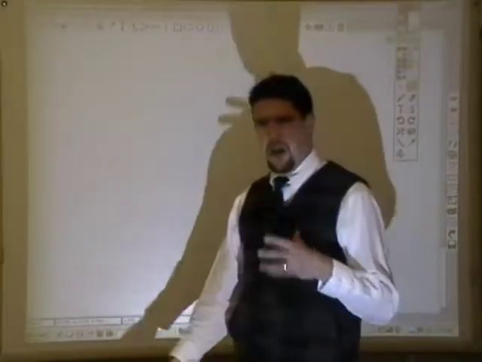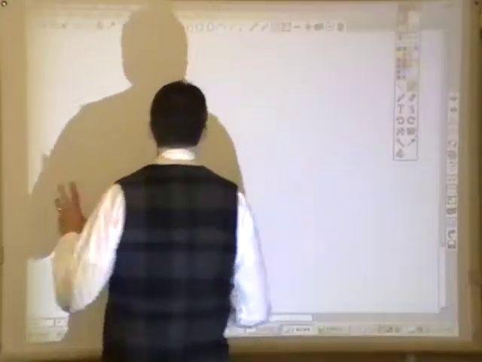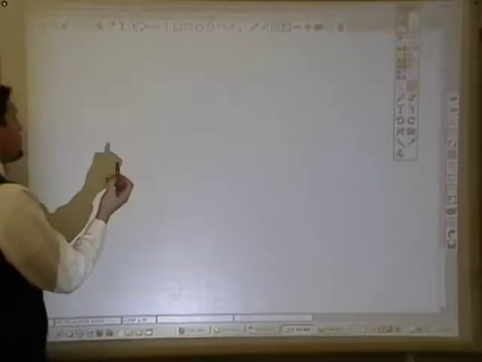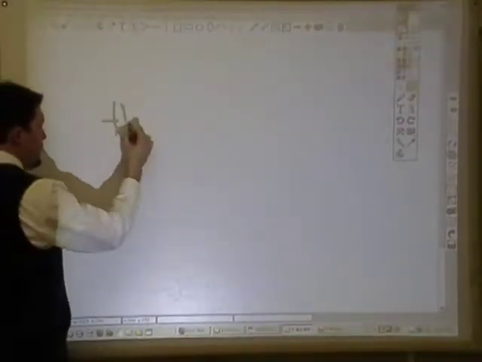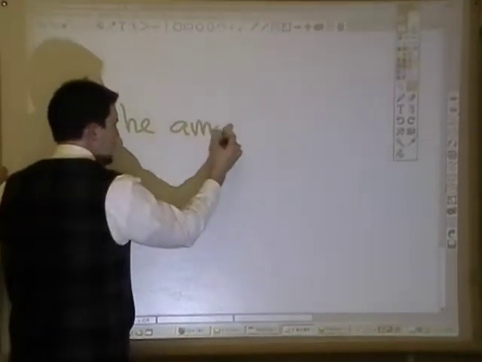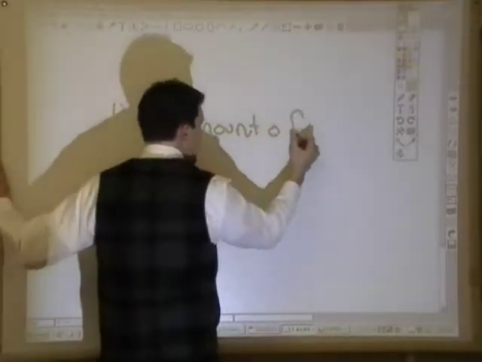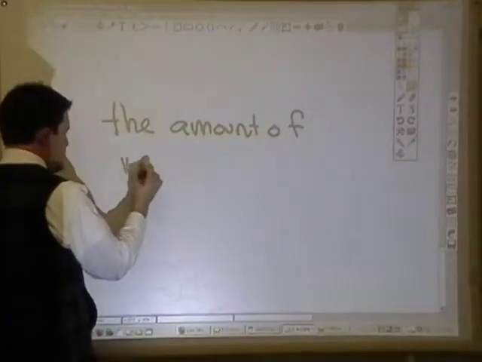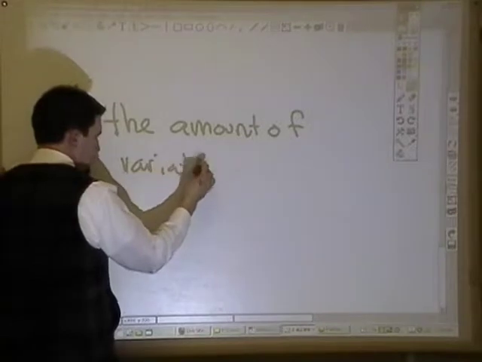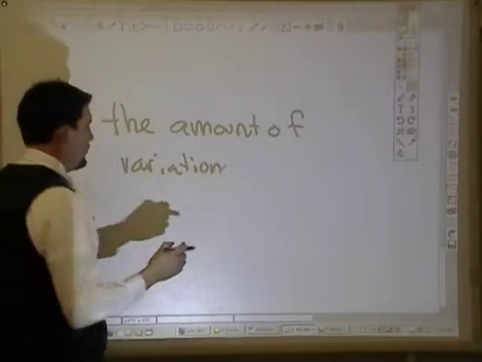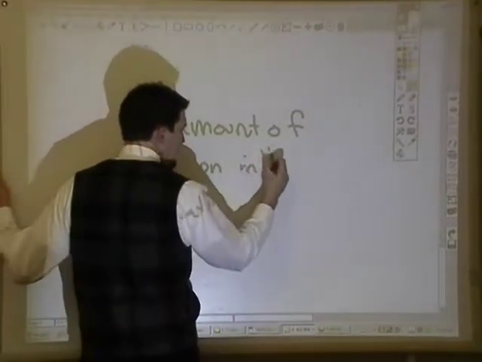When they say, explain what R squared means in this situation, your response is: the amount of variation, meaning how y varies, variation in y, and it's in context.